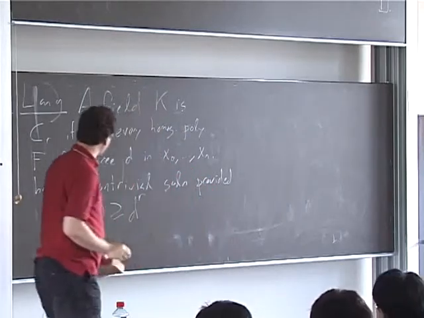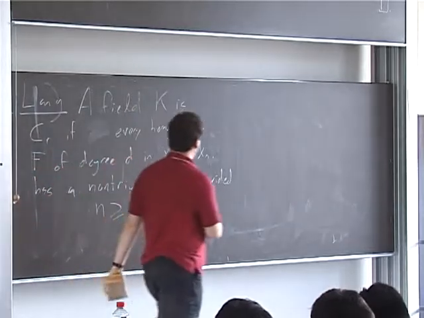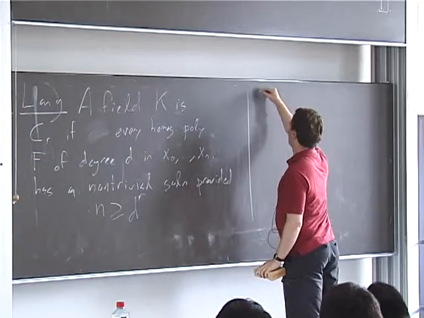So the r equals 1 case, n is bigger than or equal to d. This is what occurs in Chevalley's theorem and Tsen's theorem. So r equals 1.